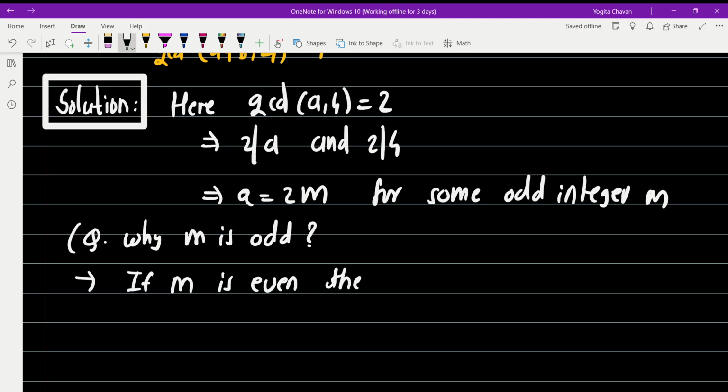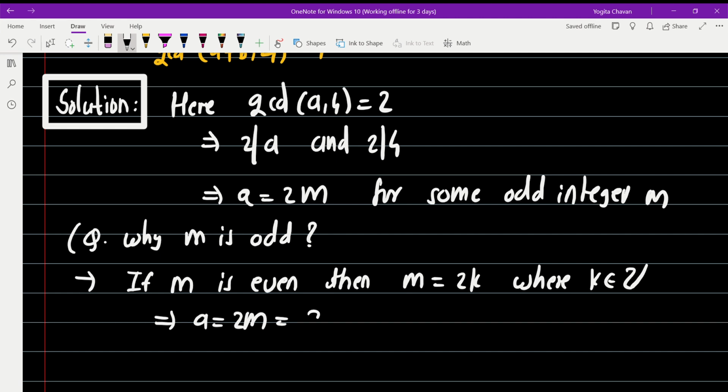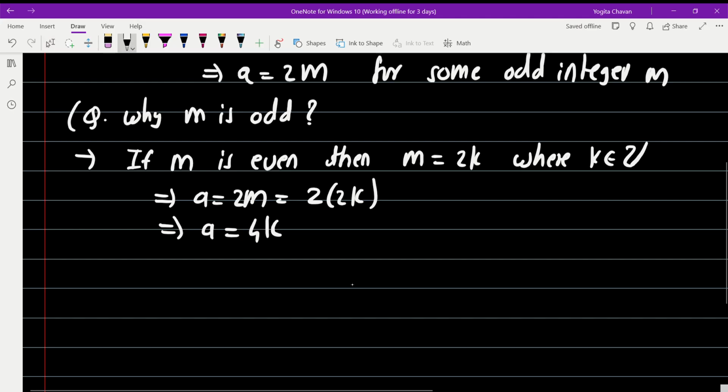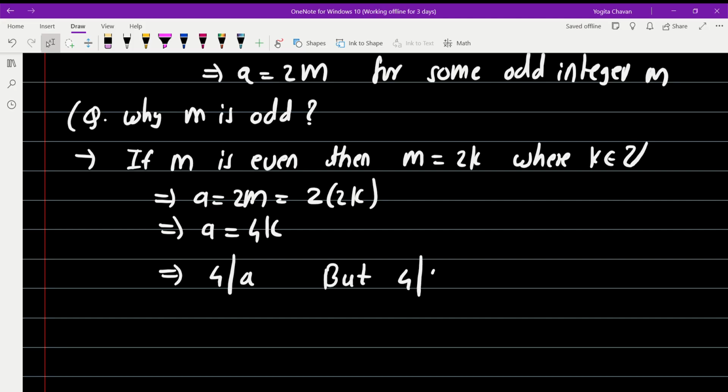then m is equal to 2 into k, where k is some integer. And this implies A is equal to 2 into m, which is 2 into 2k. So this implies A is equal to 4 into k. A 4 का multiple आ रहा है, so this implies 4 divides A, but 4 also divides 4.